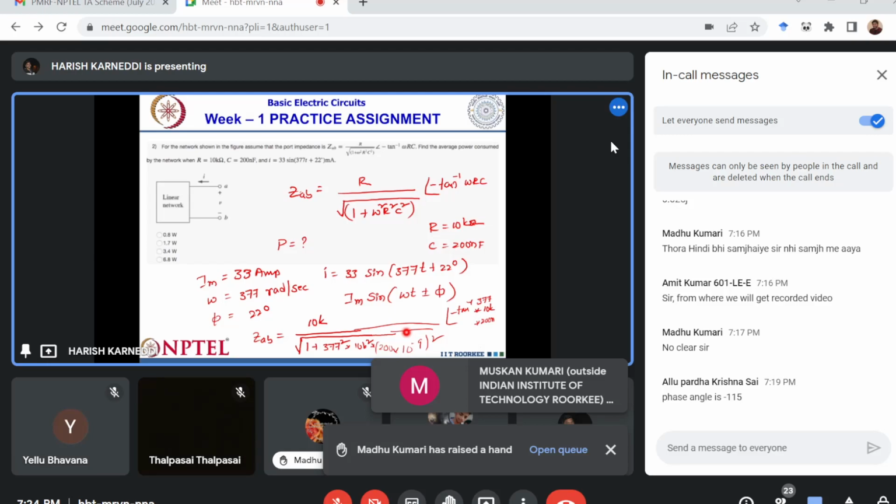This value is approximately 1.568, square root. 10k is also there. So what is the final value? 10k by square root of 1.568. It is approximately 7.985.